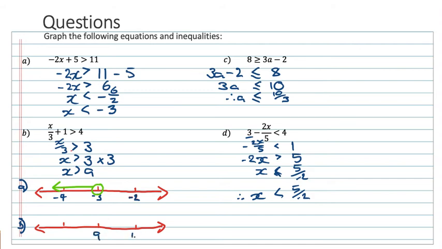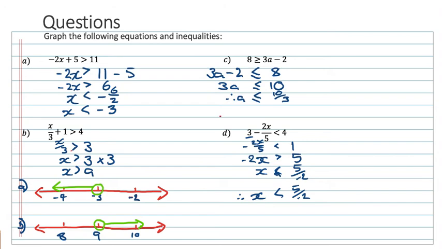So 8, 9, and 10. And x is greater than 9, so again, open circle around 9, then pointing to the right because x is equal to all of these values above 9.